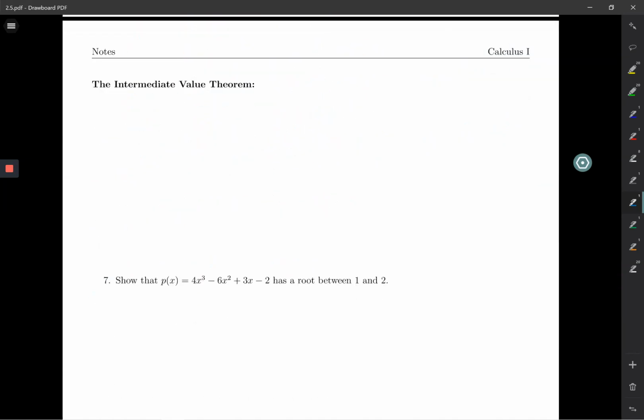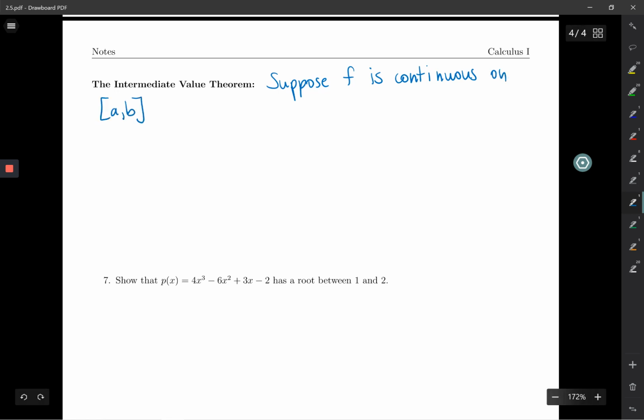Okay, now we have one more thing to cover in this section, and that is the intermediate value theorem, right? So let's go ahead and write down what it is, okay? So suppose f is continuous on an interval a, b, and f of a is not equal to f of b.